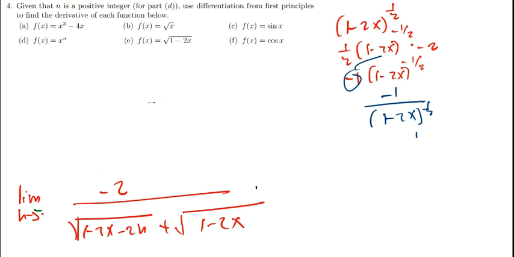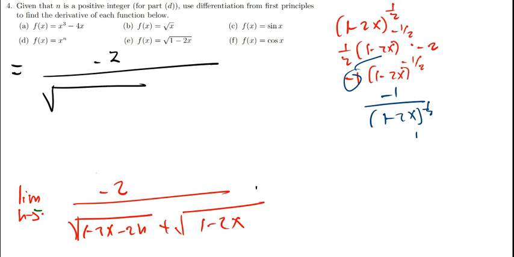So now it's just basically equal to negative 2 on top, and I want to plug in the values: the root of 1 minus 2x minus 2 times 0, plus the root of 1 minus 2x. So that will be 0.